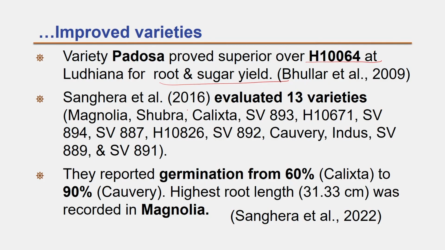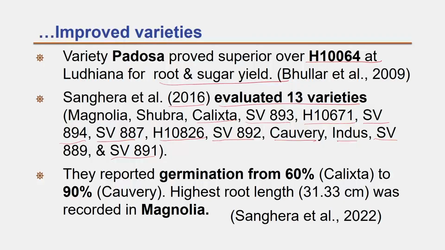Sanghera and co-workers 2016 evaluated 13 varieties like Magnolia, Shubhra, Calixta, SB893, H10671, SB894, SV887, H10826, SV892, Kaveri, Indus, SB889 and SB891.